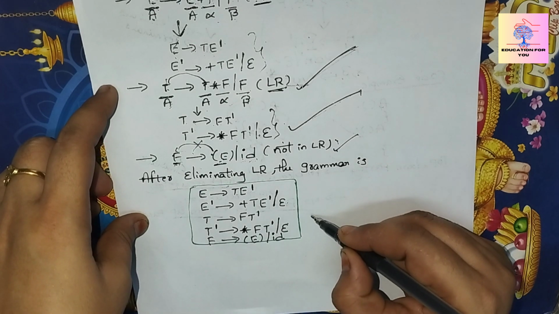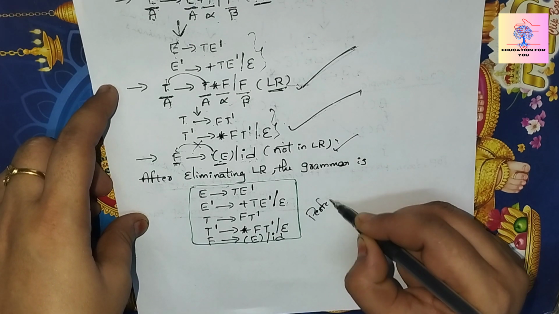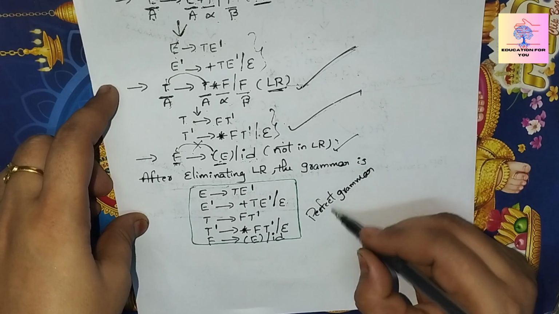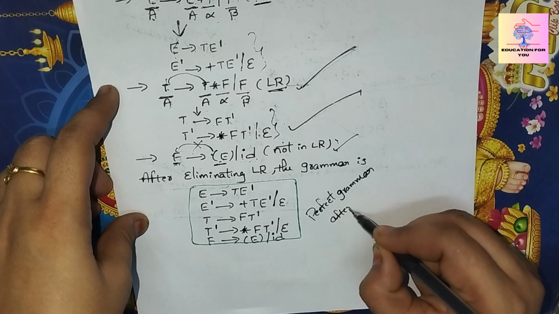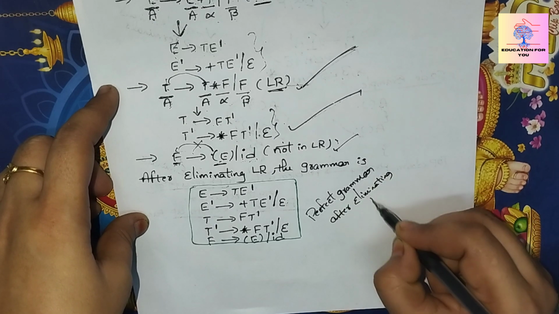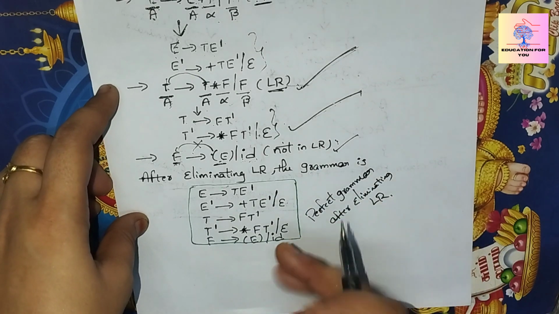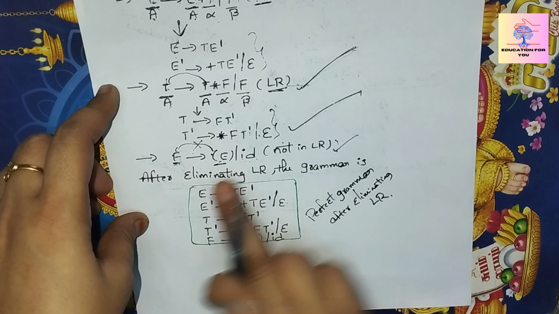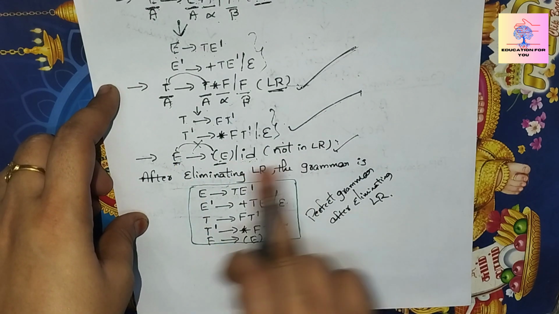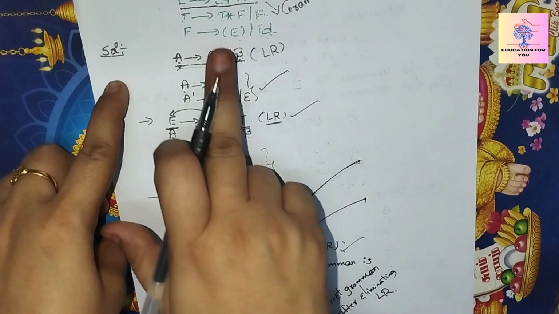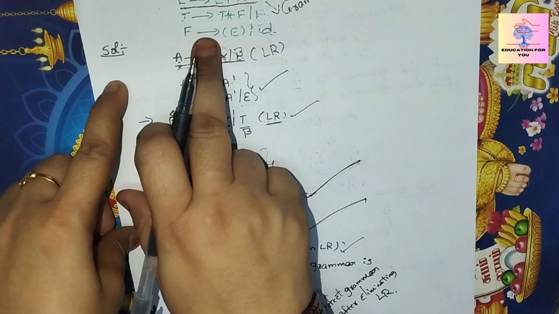This is the perfect grammar after eliminating the left recursion. So these two and these two and this single one you are writing at one place. This is the grammar with the replacement of the original grammar. Thank you.